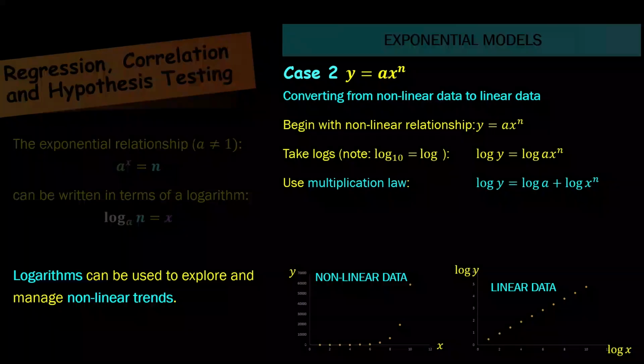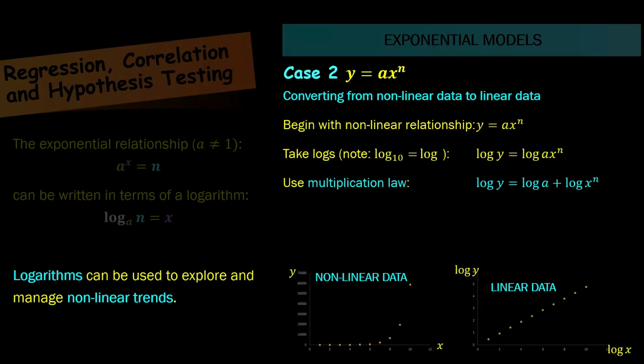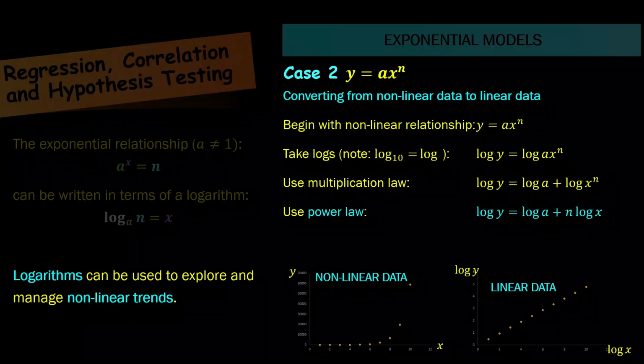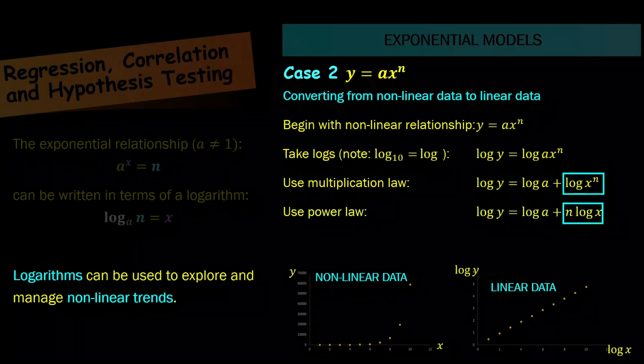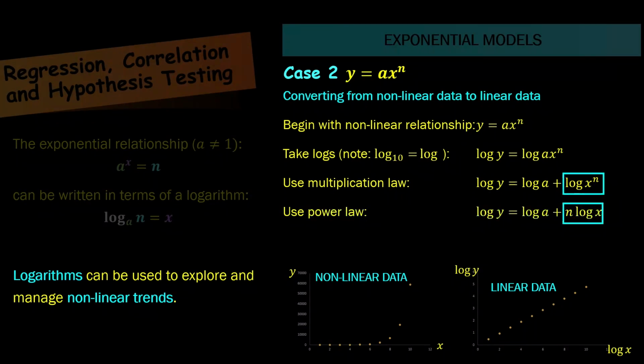Next, apply the multiplication law to give log y equals log a plus log x to the power n. And then use the power law. So we have log y equals log a plus n log x.